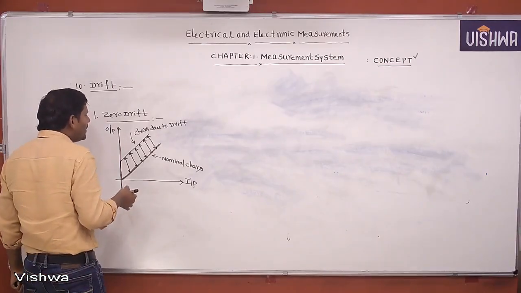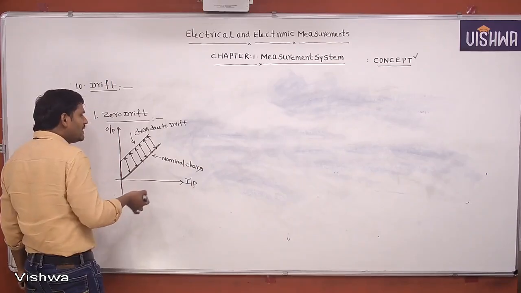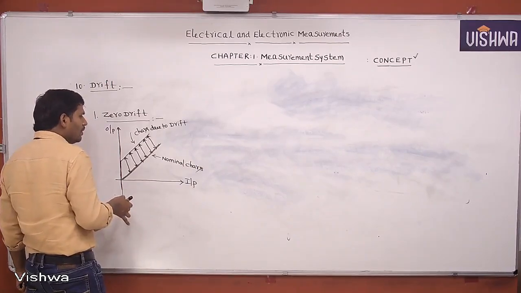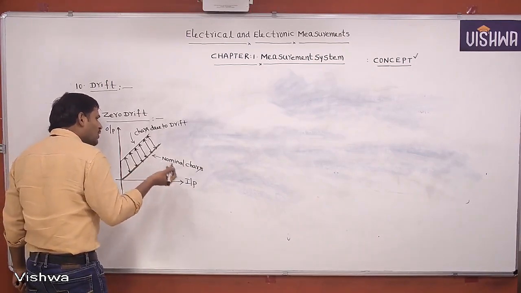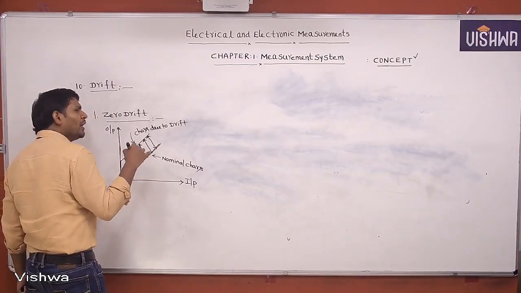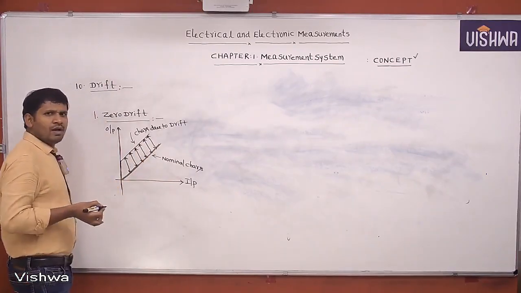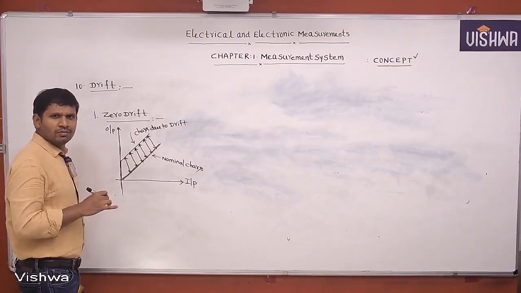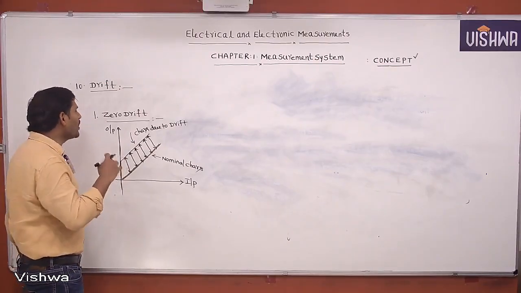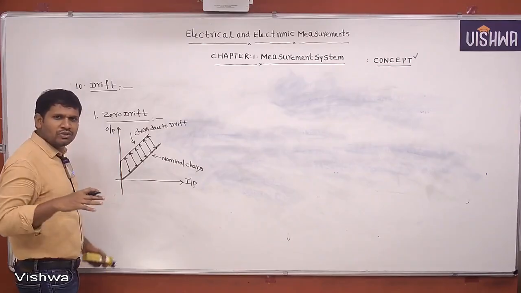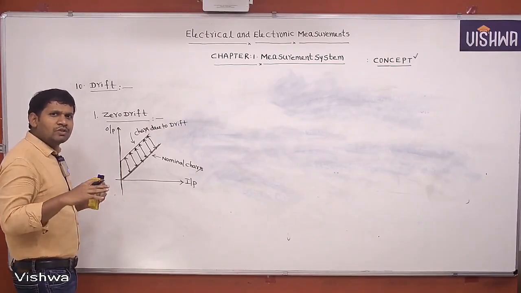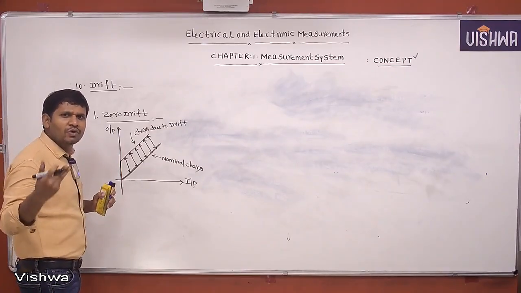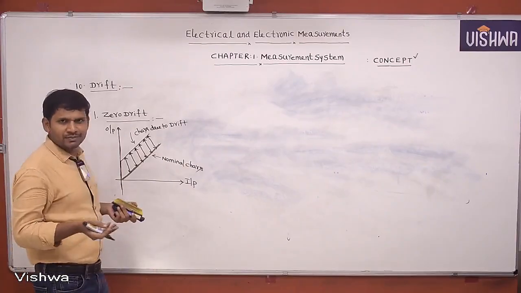The reason for drift is mainly external electromagnetic fields. It may be due to external electrostatic fields, or due to vibration. All these are different reasons for the production of drift in an instrument.